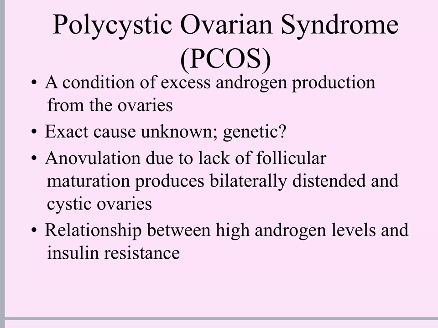So absent ovulation occurs because there's no good follicular maturation. And so what happens is that the ovaries just get distended and have all these little cysts on them. And there's a relationship between the high androgen levels and the insulin resistance that happens.